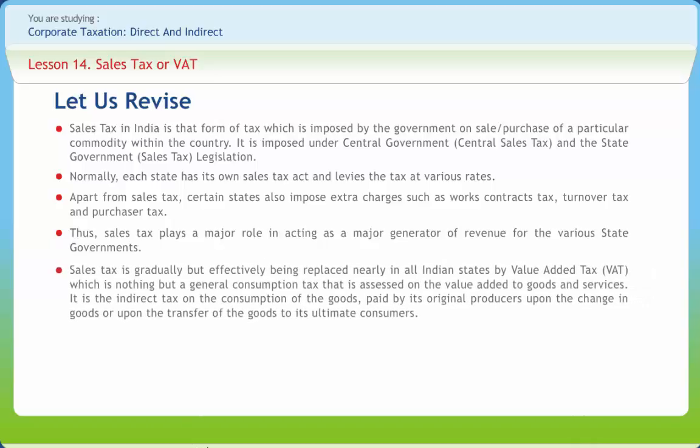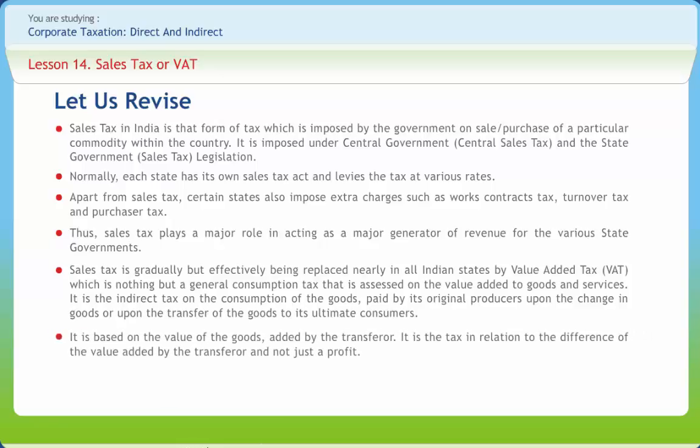Sales tax is gradually but effectively being replaced nearly in all Indian states by value-added tax, VAT, which is nothing but a general consumption tax that is assessed on the value added to goods and services. It is the indirect tax on the consumption of the goods paid by its original producers upon the change in goods or upon the transfer of the goods to its ultimate consumers.